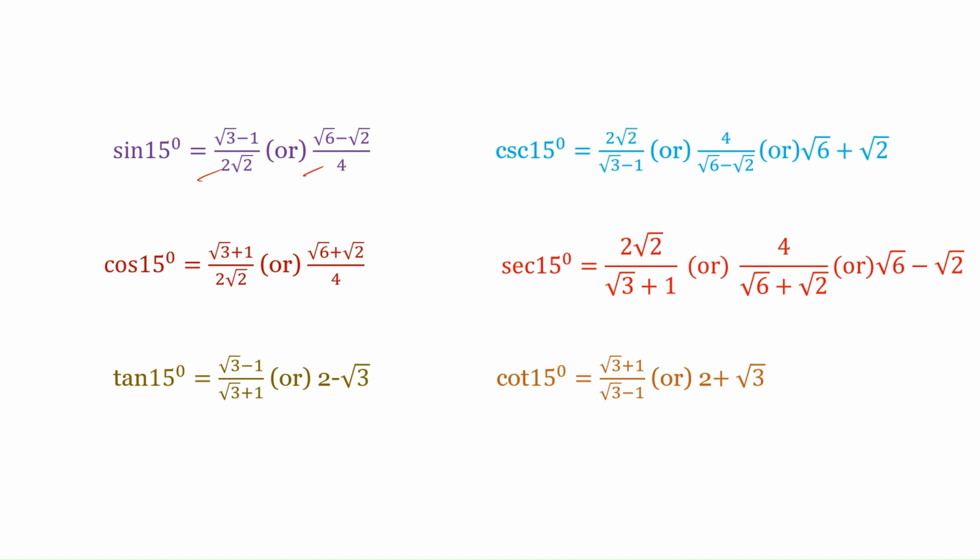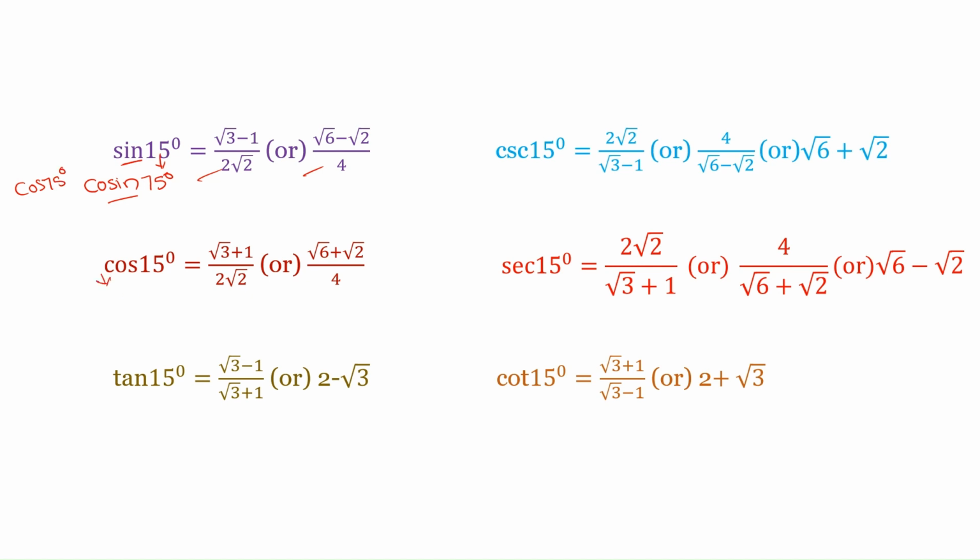Sine is complement for cosine. So when we say sine 15, this value will be equal to cosine of the complement of 15, which means 90 minus 15, that is 75. Sine 15 and cos 75, these two values would be the same.